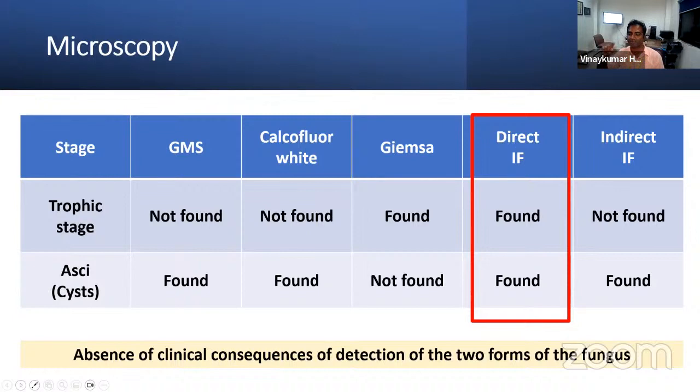Go back and speak to the microbiologist or the pathologist if they describe cysts in Giemsa, or if they describe trophozoites on calcofluor white. Please discuss with your pathologist if they are doing this, because these life stages are not seen in certain types of staining techniques.